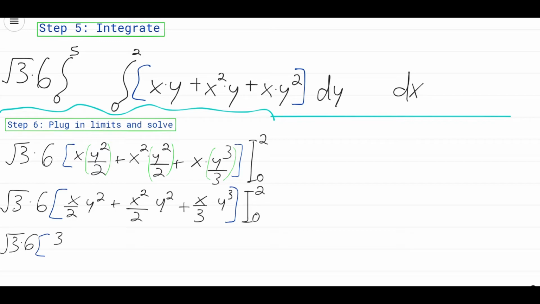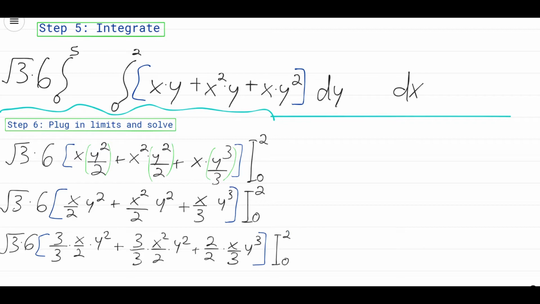And now I'm going to multiply by 3 over 3 times x over 2 times y squared. All I'm doing is trying to get a common denominator because it makes it way easier when you plug in. So I multiplied by 3 over 3 plus 3 over 3 times x squared over 2 times y squared plus 2 over 2, because I want a common denominator, so 3 times 2 will give me a common denominator of 6, x over 3 y cubed, and then from 0 to 2.